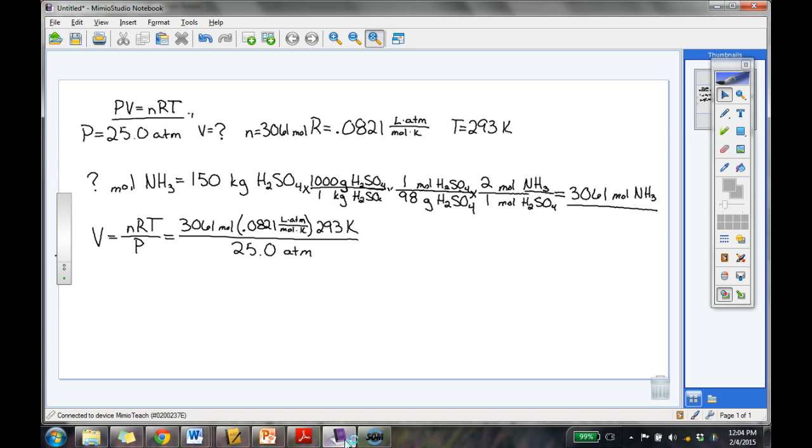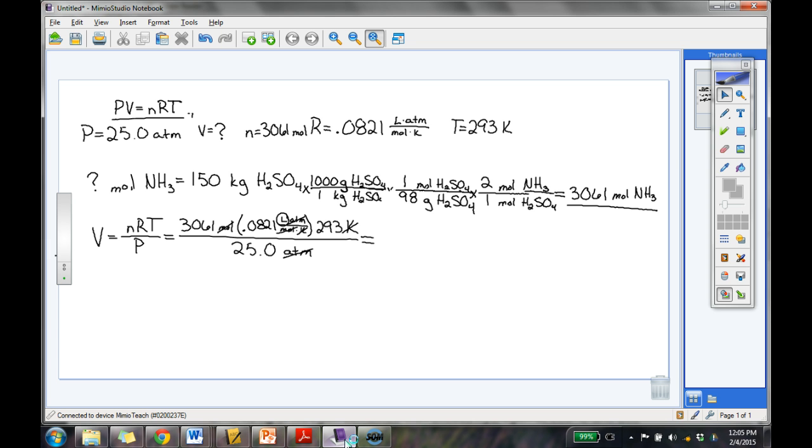We double check to make sure we set it all up right. Our volume should be in liters. To check that, our moles cancel, our Kelvin cancels, our atmospheres cancel, leaving us with liters. And when we solve all of this, we just plug that into our calculator.